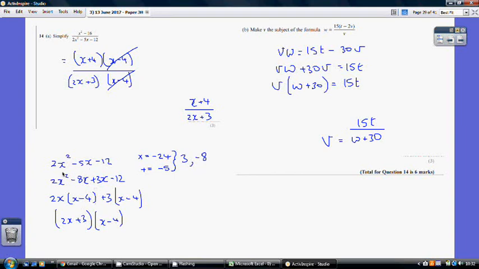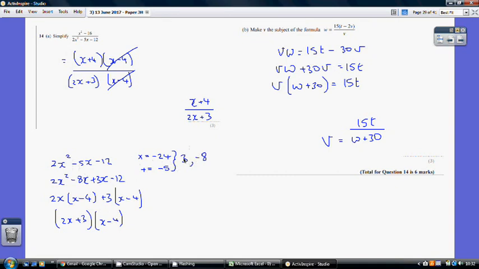You say to yourself, what two numbers multiply to make minus 24? The minus 24 coming about by multiplying the 2 with the minus 12. Yet at the same time, these magic numbers add up to be the minus 5, the coefficient of the x. And that is 3 and minus 8.